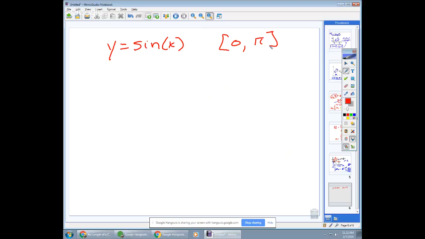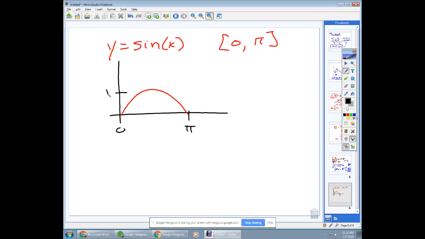Here's a quick sketch of that: from 0 to pi, sine goes up, peaks at 1, and comes back down. So that's the length I want to try and find.